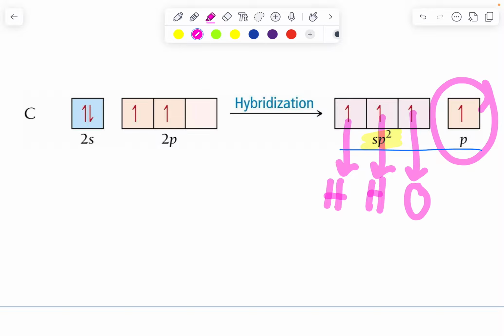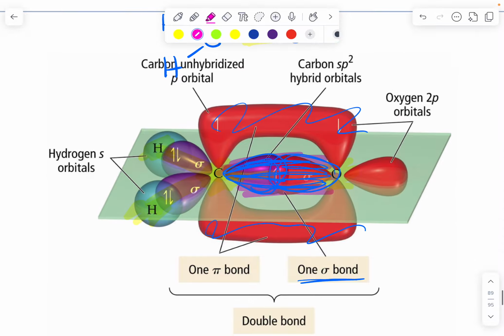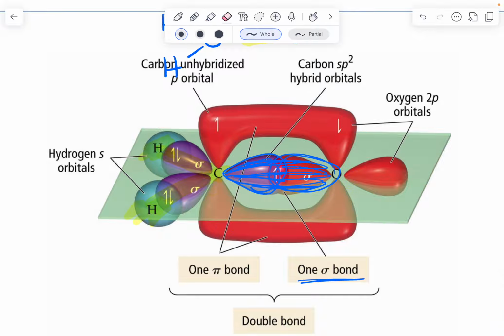And one of them formed a bond with the oxygen by overlapping. We have another carbon-oxygen bond, and that's what we're going to use this unhybridized p orbital for. Okay, so let me clean up this picture a little bit so that we can start fresh.